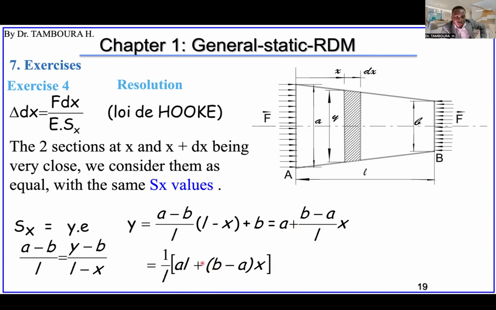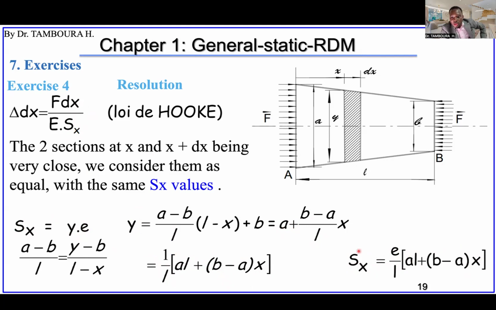Then, using this y, we multiply by e to obtain S, which will be e divided by L multiplied by all this.